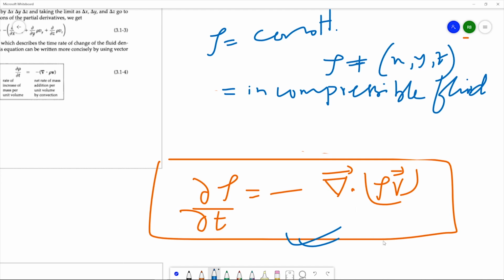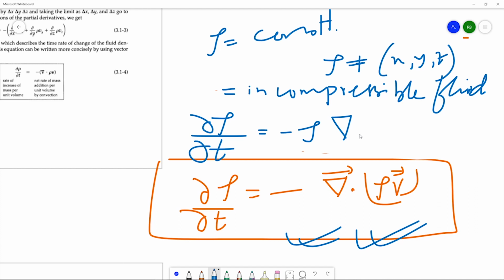If density is constant, what happens to this equation? It simply reduces to ∂ρ/∂t equal to minus ∇·(ρv). Now you can take the density out of this equation because it's no more a function of x, y, z.